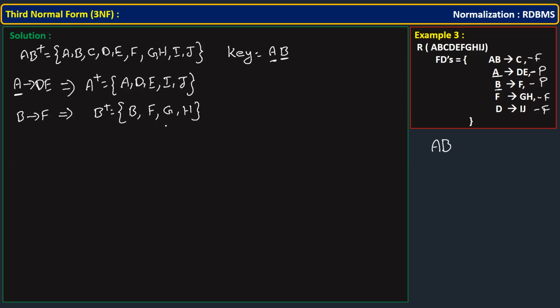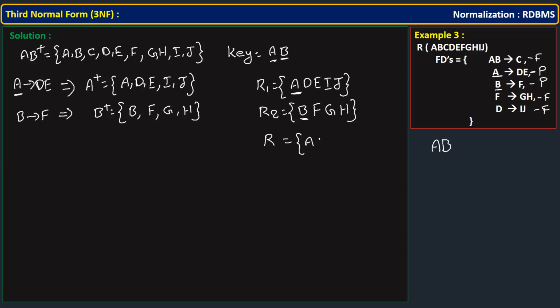So now if you observe the relations, R1 is going to be A, D, E, I, J. And in this the primary key is A. R2 is going to be another relation, that is B, F, G, H. So here the primary key is B. Now the original relation R, the primary key is of course AB.